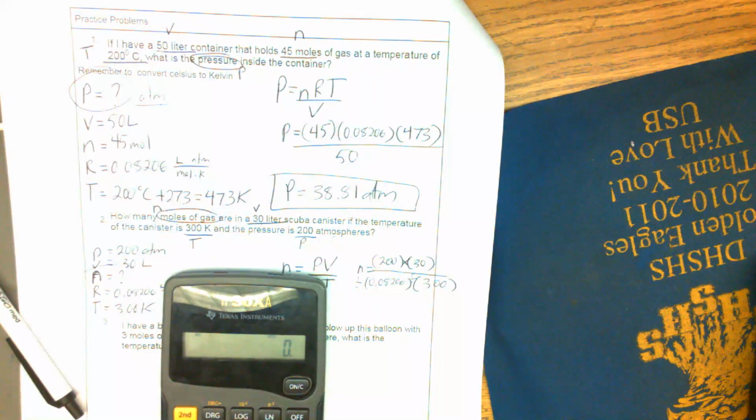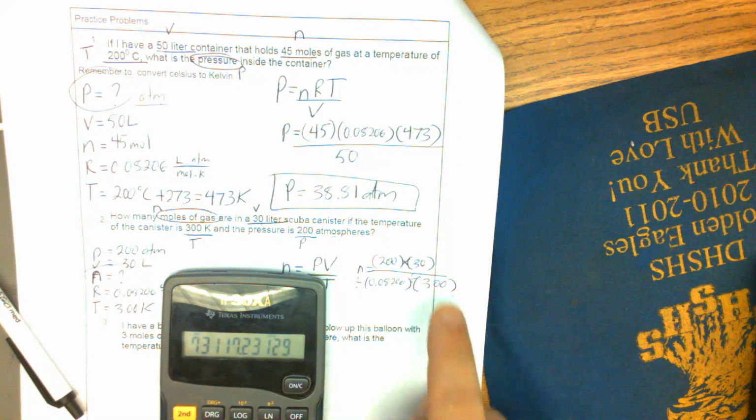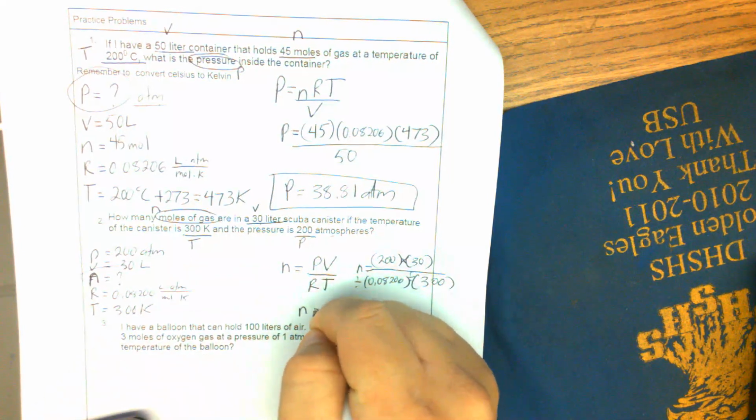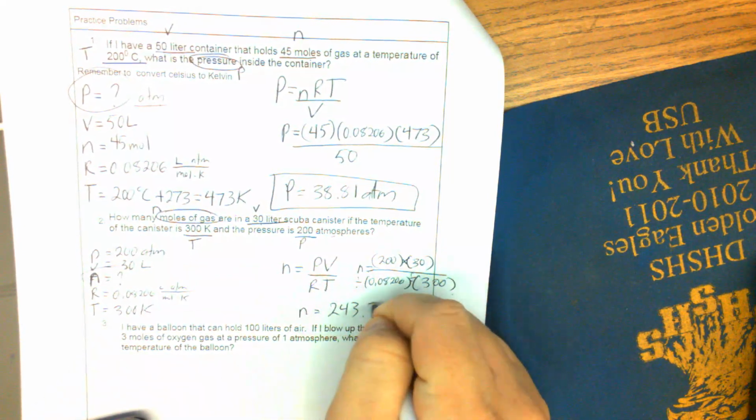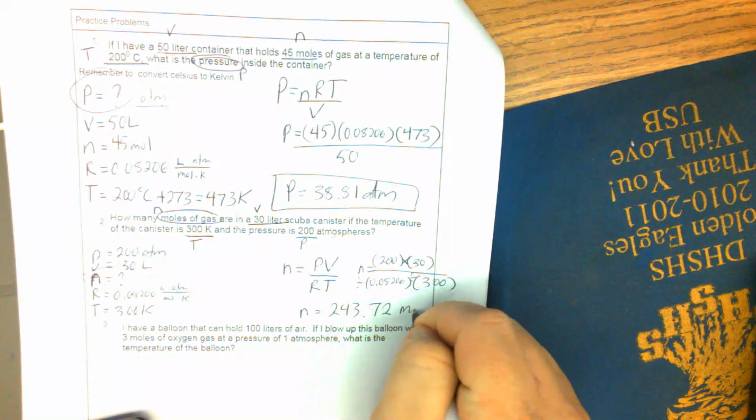And that'll make your life a little bit easier to solve. All right, so 200 times 30 divided by 0.08206 divided by 300. So we're going to get a total of 243.72. So our n is 243.72 moles.